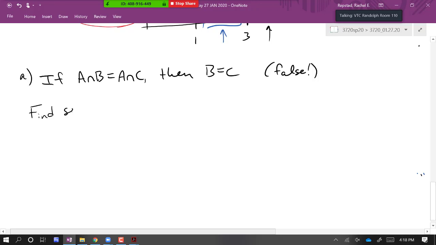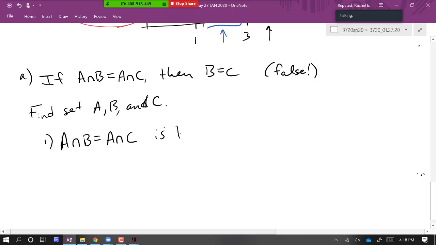So you're going to find sets A, B, and C where A intersect B equals A intersect C. You want that to be true. Right, so we're trying to show that an if-then is false.